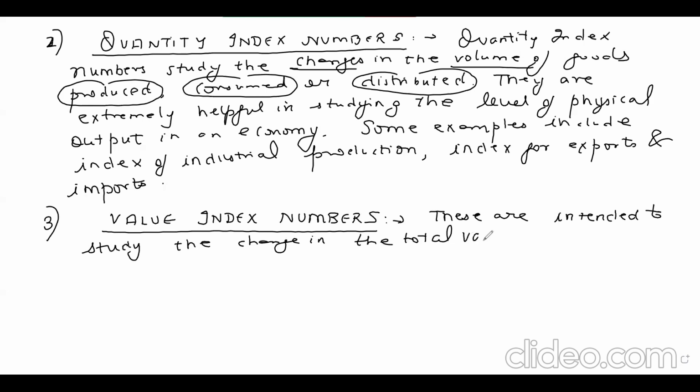How do we find the total value? Total value is nothing but price multiplied by quantity. We all know that total value is price times quantity. So value index numbers are going to capture the change in the total value of production.